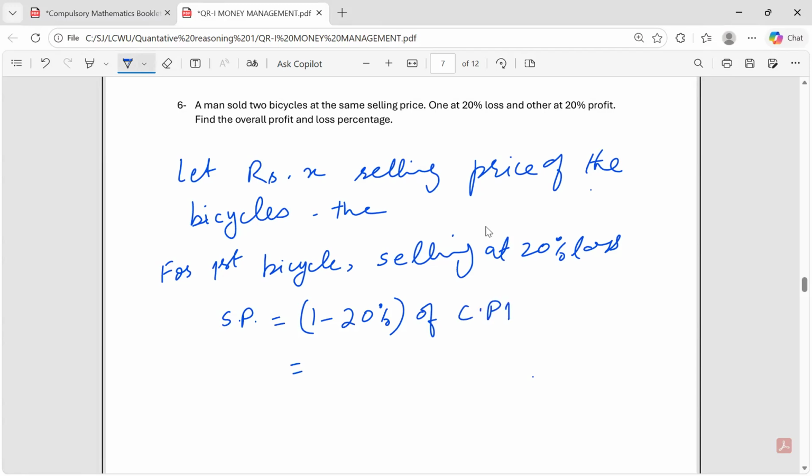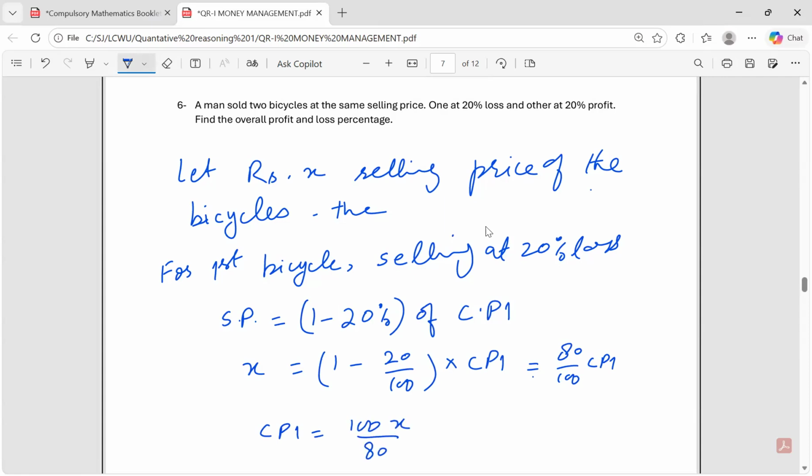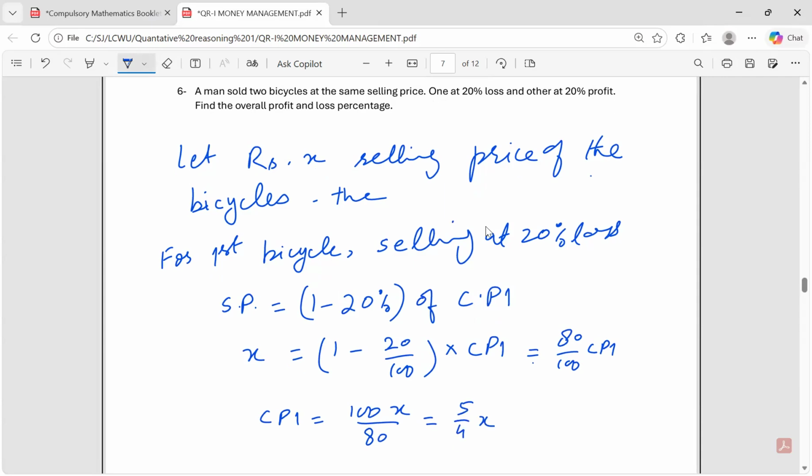So x is equal to 1 minus 20 by 100 multiplied by cost price 1. This is equal to 80 by 100 into cost price 1. So from here, cost price 1 is equal to 100x by 80. After simplification, it will be equal to 5 by 4 times x.